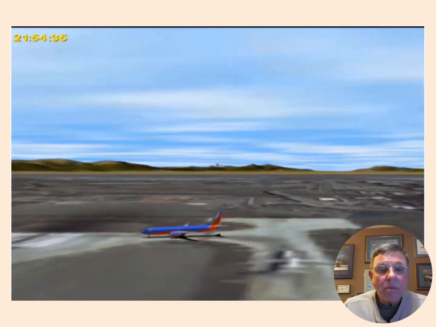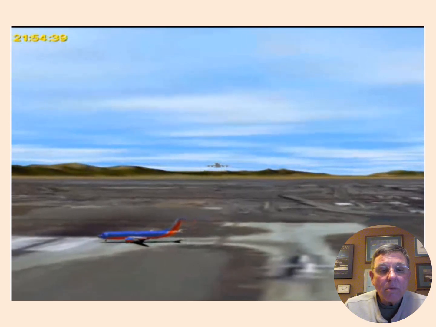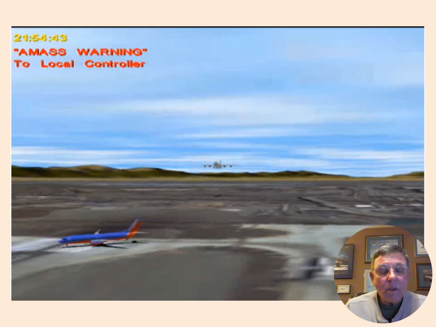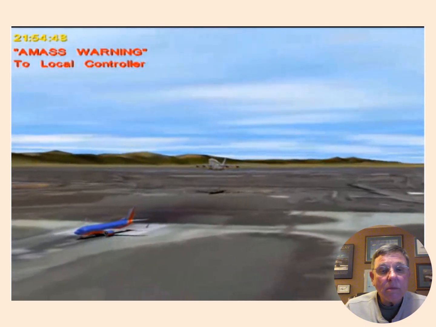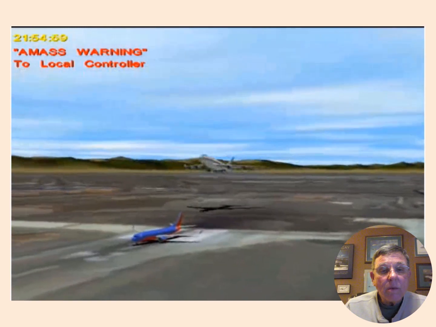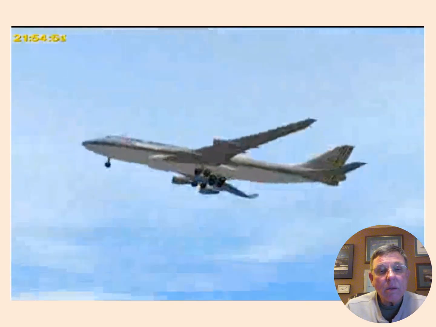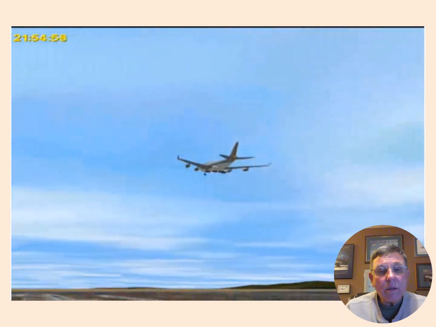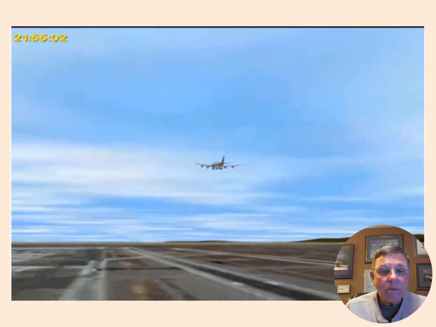Traffic 4 mile final 737, runway 24 right, cleared to land. Southwest 440, cancel takeoff clearance, hold in position. Holding in position, Southwest 440. Asiana 204, fly heading 250, climb maintain 2000. Heading 250, climb maintain 2000, Asiana 204, going around.